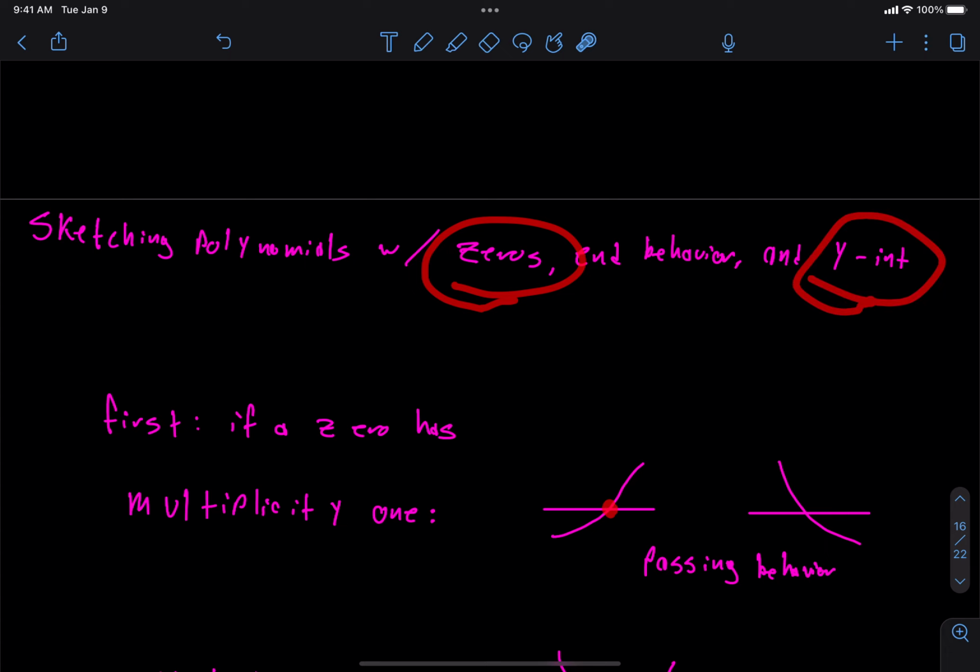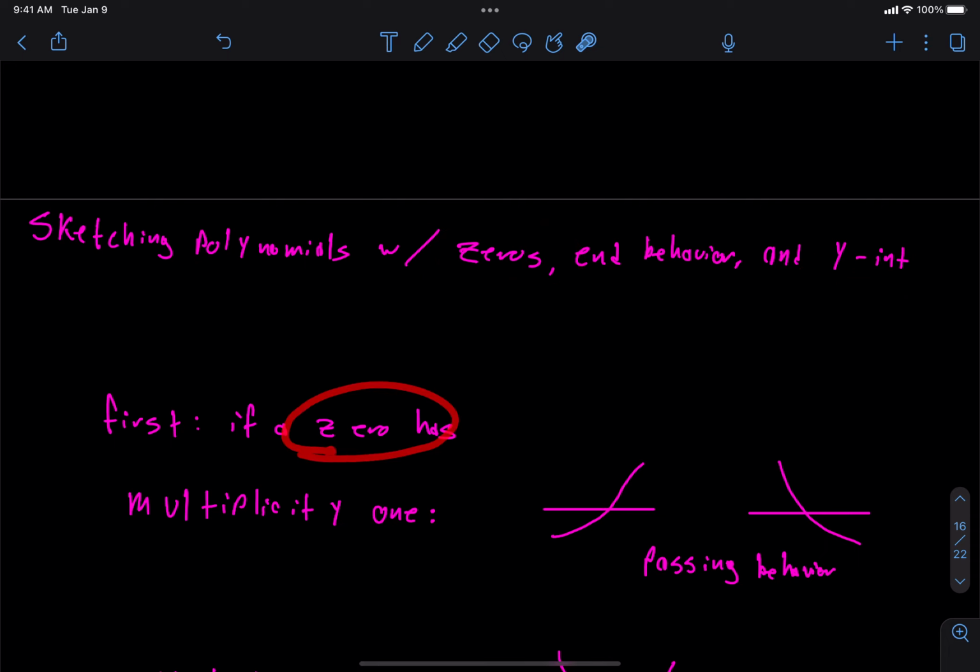How do we get the y-intercept again? I plug 0 in for what? For x. To get the y-intercept, I plug 0 in for x. If I want to find the x-intercept, namely the zeros of the polynomial, then I set the polynomial equal to 0. So 2 different situations there.